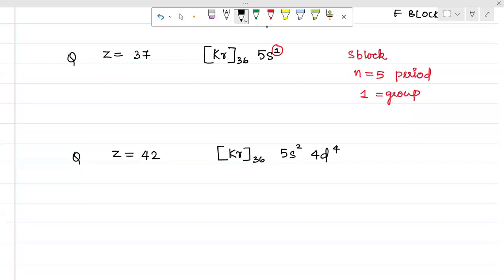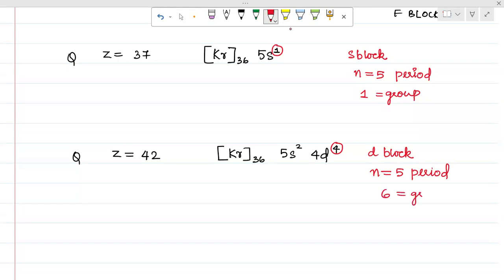So now, see. Since the last electron has entered into the D subshell, this belongs to D block. And over here you have 5 and 4. The highest value will correspond to the period, so n is equal to 5 again, 5th period. And the way you find the group, if it is a D block element, you have to add the number of electrons in S and D. 2 plus 4, 6.